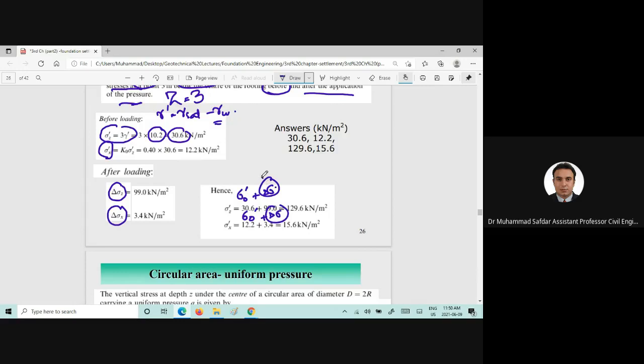Okay, and that delta sigma we calculate from here.